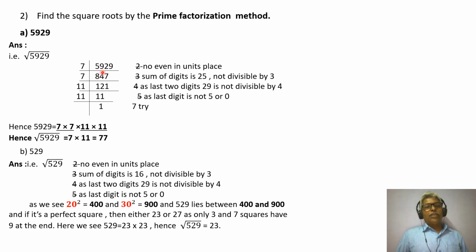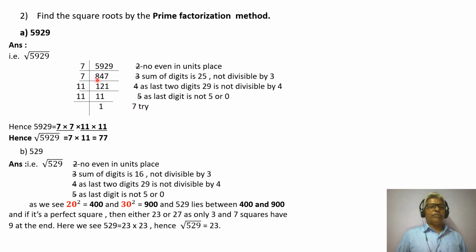The sum of all the digits is 25, so it is not divisible by 3. The last two digits, 29, are not divisible by 4, so the number is not divisible by 4. As there is no 0 or 5 at the end, it cannot be divided by 5.